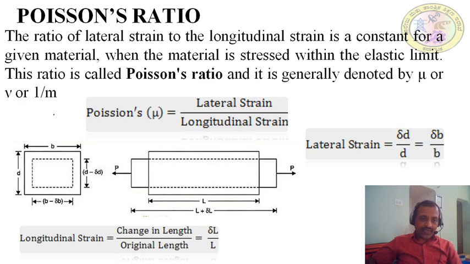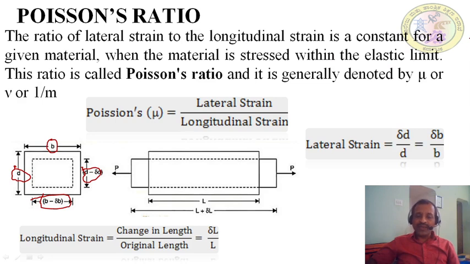Initially the dimensions are B and D. After applying this pull force, B reduces to B minus delta B and D reduces to D minus delta D. This is because there is an increase in length; simultaneously, the other dimensions in the transverse sections reduce. Remember, lateral strain is the strain related to the lateral direction, and longitudinal strain is related to the longitudinal direction.